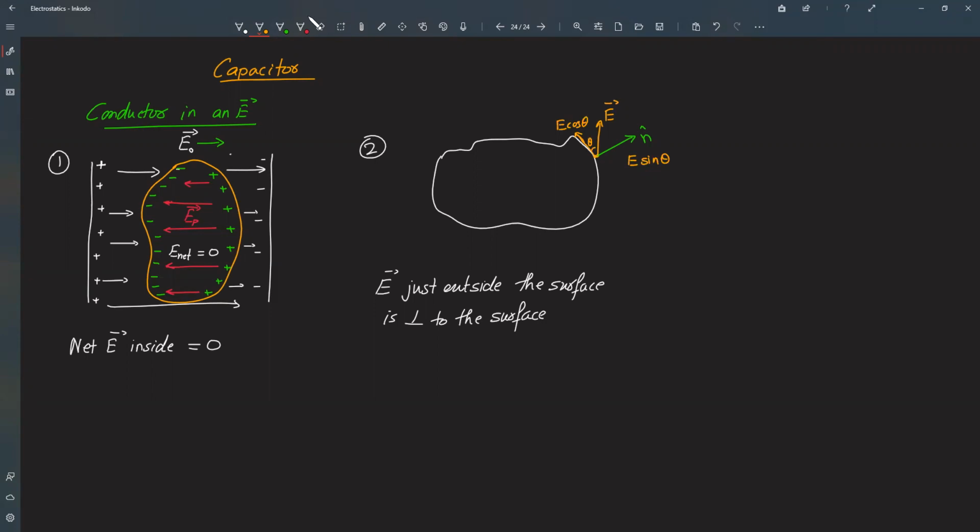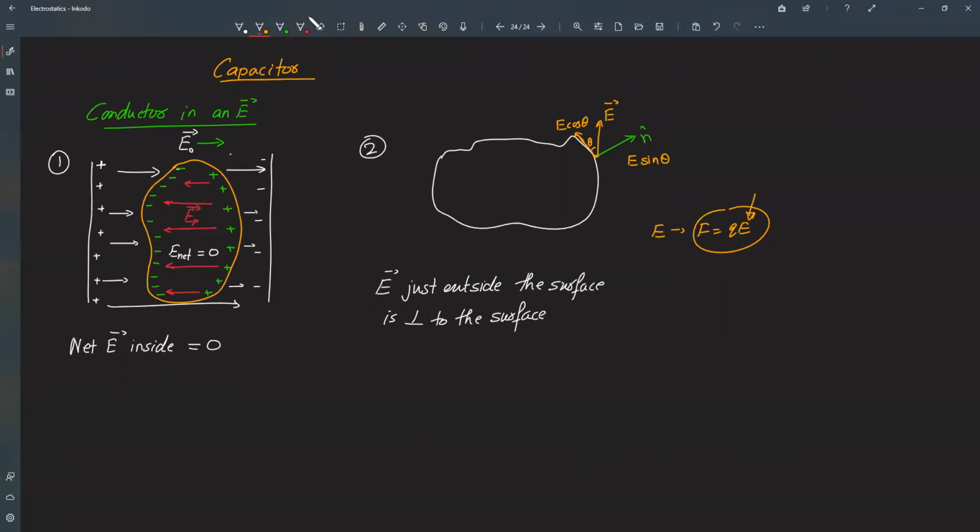Now, because it is along the surface, it will tend to accelerate, because electric field will give you what? Due to that electric field, there is a force. What is that force? Force is equal to QE. So if there is a component of the electric field along the surface, there will be a component of this force as well along the surface, right?